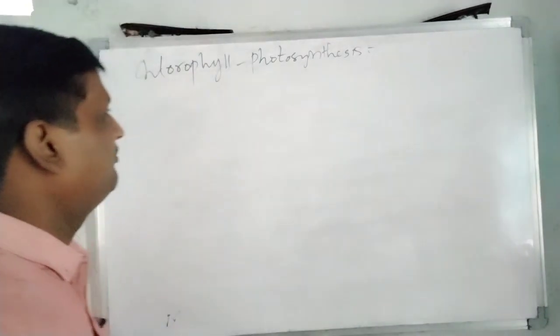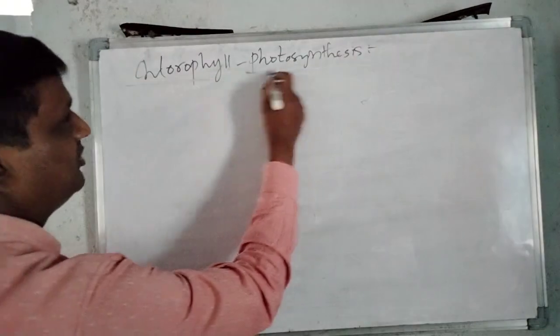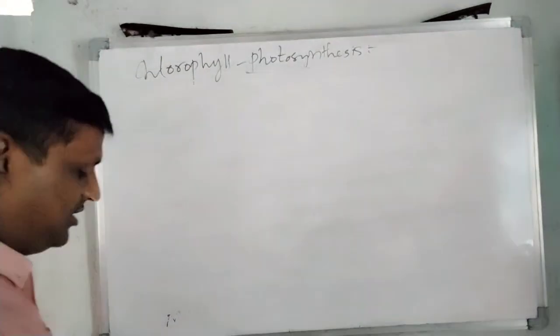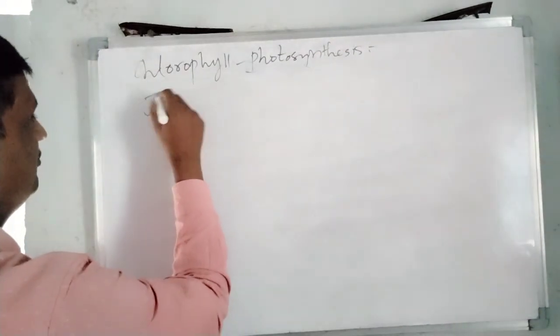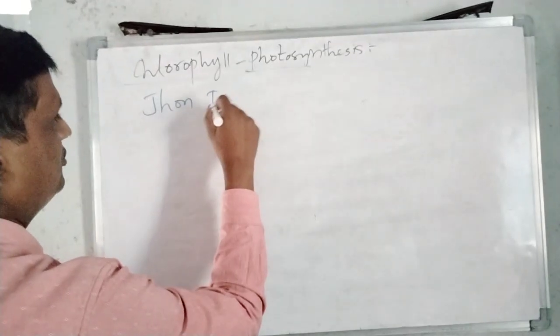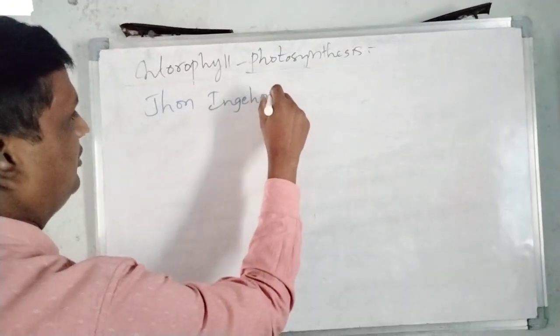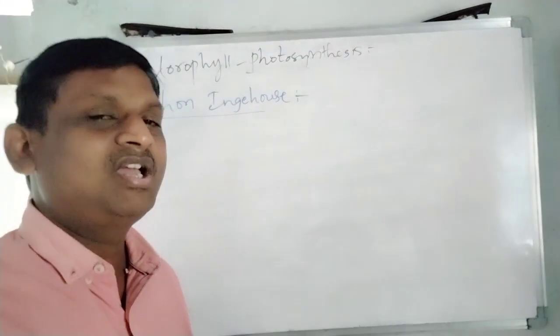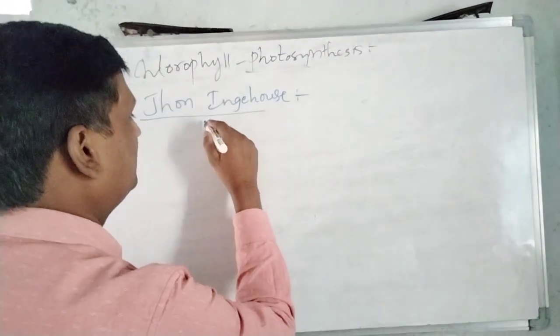But here, practically, we are going to observe the relationship between chlorophyll and photosynthesis. John Ingenhousz, one of the scientists, says that green parts of the plant could carry out photosynthesis.